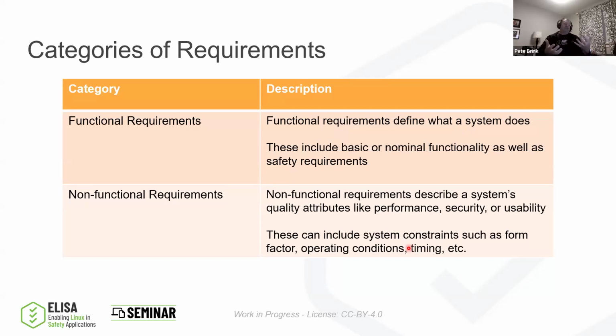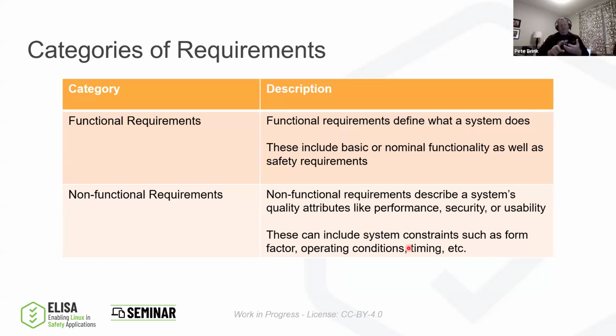And then we have non-functional requirements. I don't really like using the term non-functional, because it kind of implies that they don't function, but that doesn't actually make sense. What these really are is they describe characteristics or quality attributes of the system that we're intending to build.